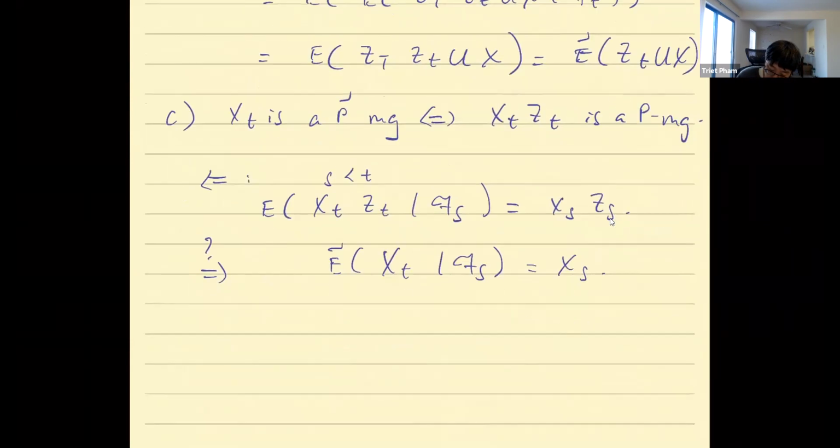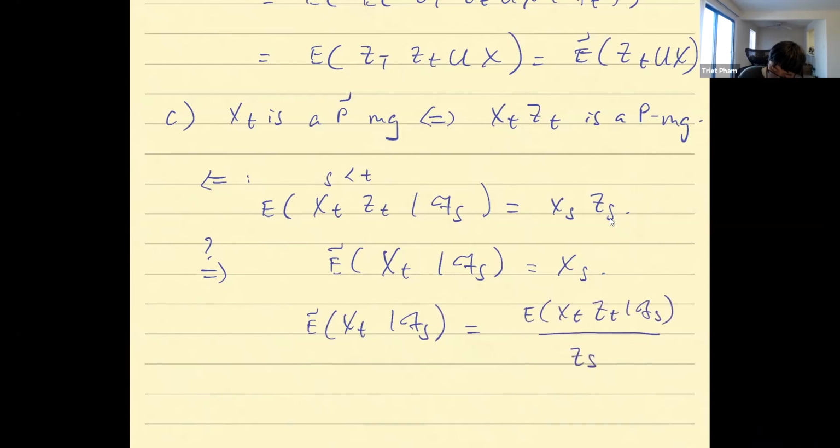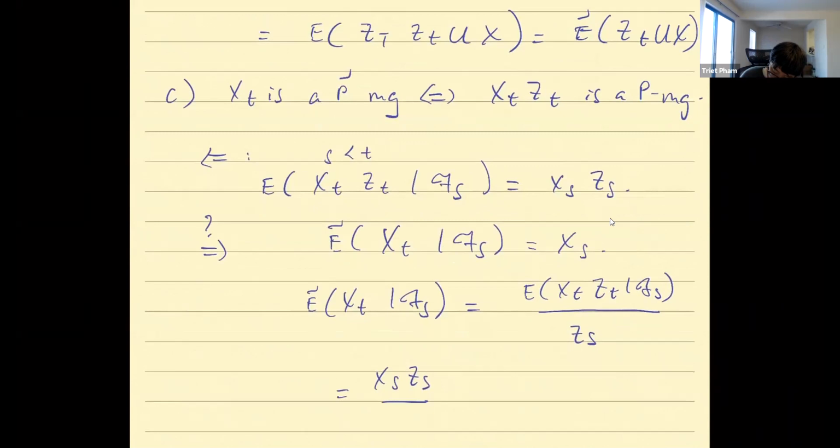So in other words, what we want here is that e tilde of xt given fs should be equal to e of xt zt given fs divided by zs, right? But we know exactly that this is xs times zs. So that's equal to xs. Is that okay?